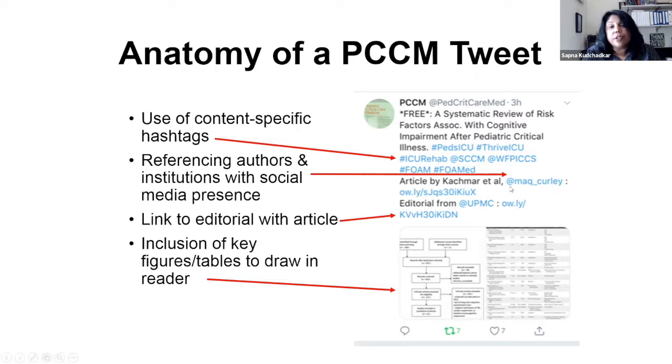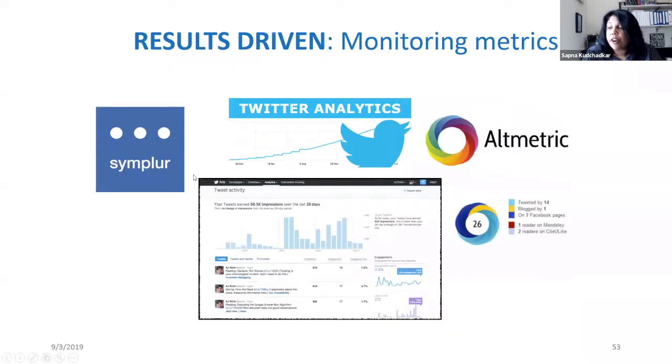But the senior author did have a Twitter handle, so I included that. And then again, no one who wrote the editorial had a Twitter handle, but we did tag their institution. So again, you want to have a handle so that you can be tagged for the hard work that you've done.